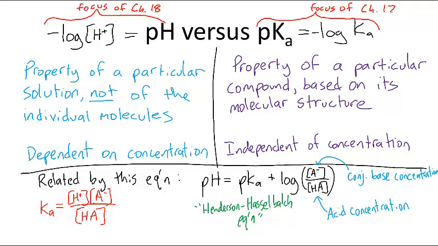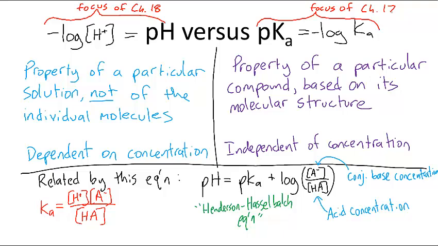So the student question is, how is pH a property of an entire solution? Well, pH is the negative log of concentration of H+. So it's about how many moles of H+ there are per liter of that solution. Which you can take any given acid and make a solution of any pH you want using that acid, or at least any pH below 7.